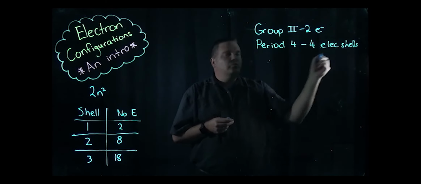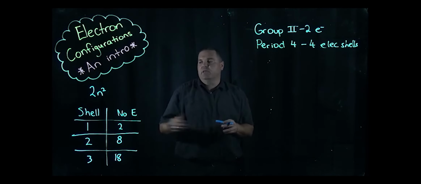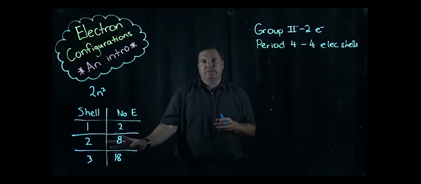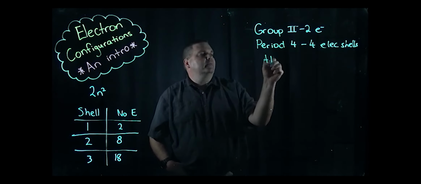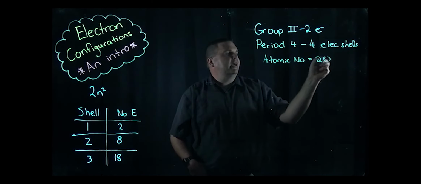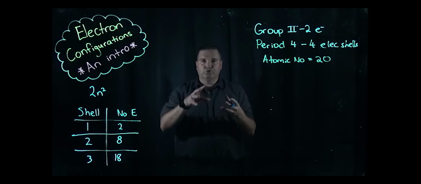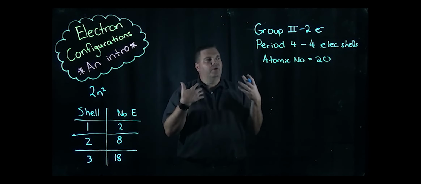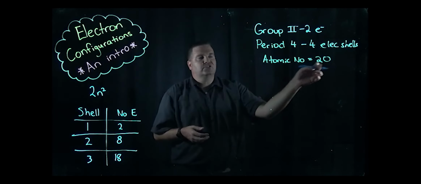So it's really easy to work out the general electron configuration for a calcium atom if we use our 2n² table. The atomic number of calcium was 20, so we're trying to get the number of electrons in our shells to equal 20. In a neutrally charged atom, the number of electrons will equal the number of protons, and we know the number of protons because of the atomic number.